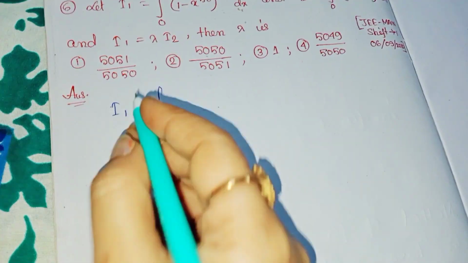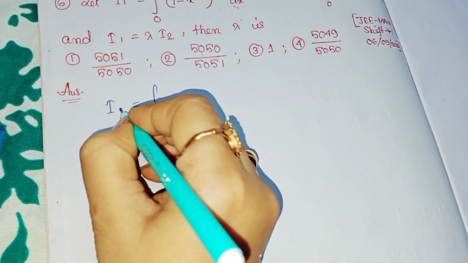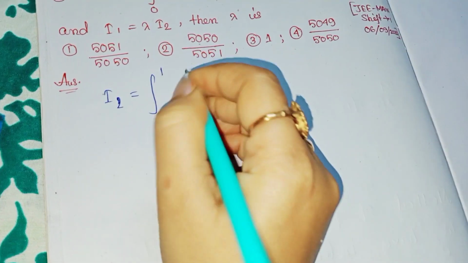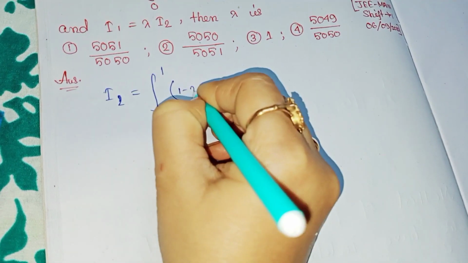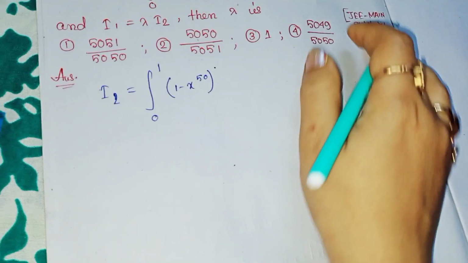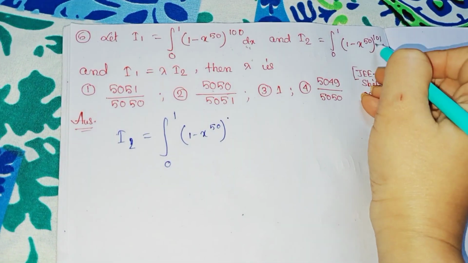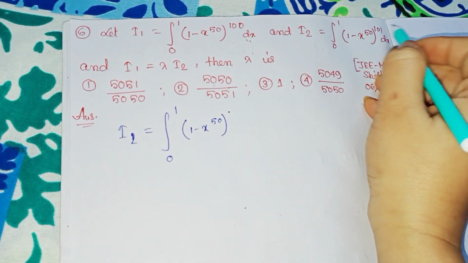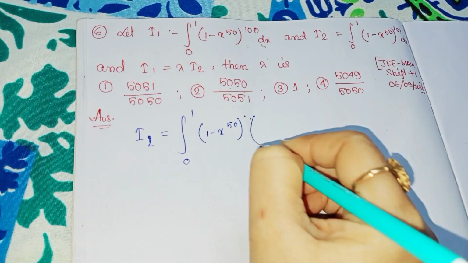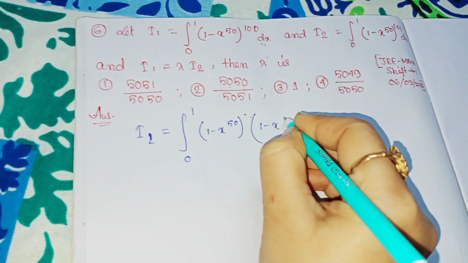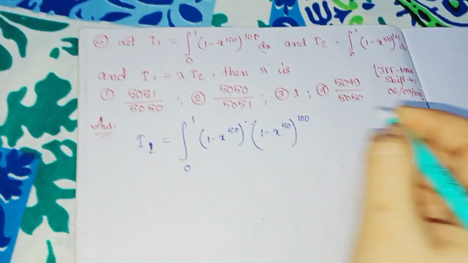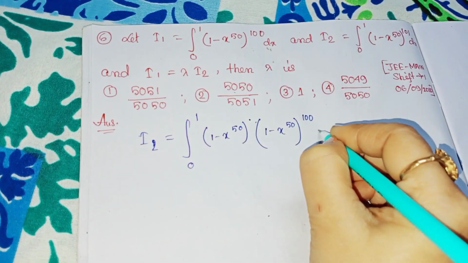So at first we write I2 like this: integral from 0 to 1 of (1 minus x to the power 50) whole to the power 101 dx. So we write down 1 minus x to the power 50 into (1 minus x to the power 50) whole to the power 100, into dx.